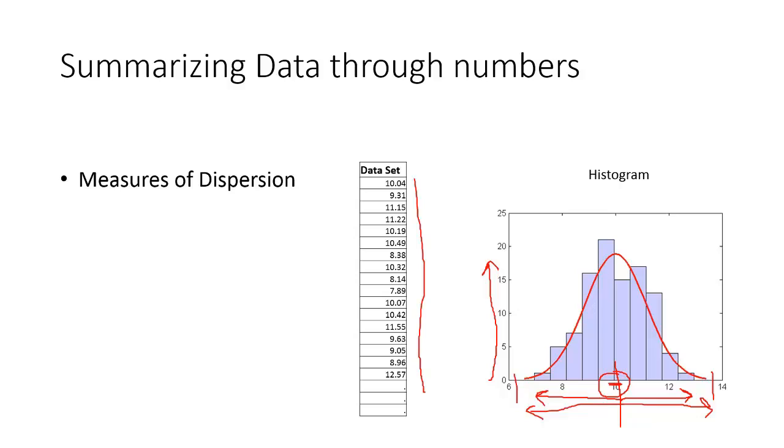For instance, let's for now assume that 10 is our measure of central tendency. One measure of central tendency is the mean, so for now let's just say we're using the mean.